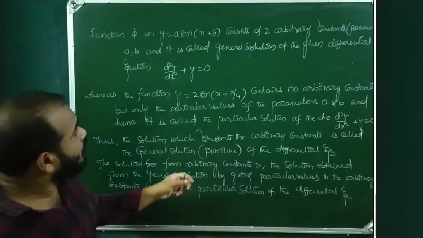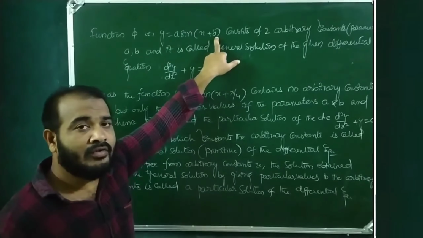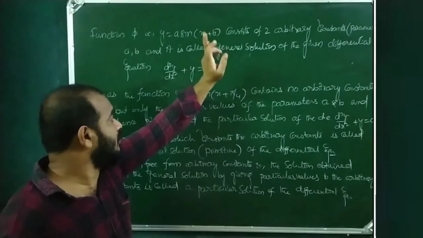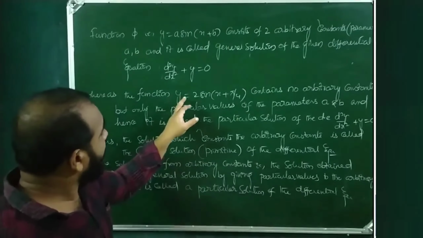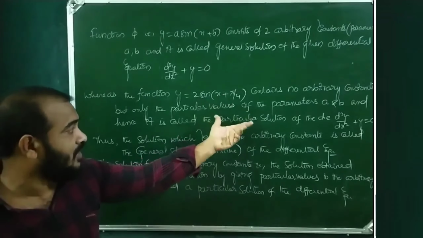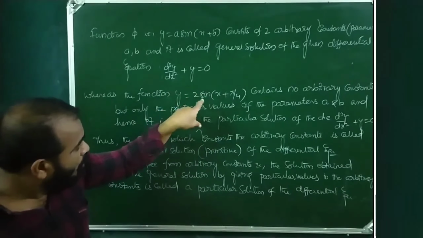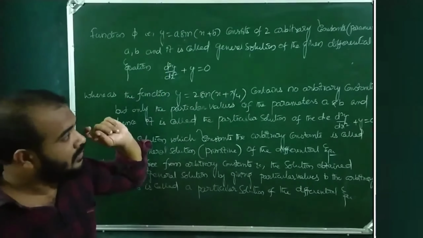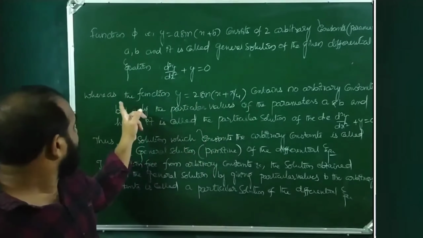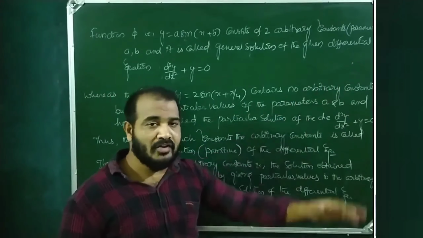Therefore, this is said to be the general solution of the given differential equation. And here a equals 2 and b equals pi by 4 we have substituted. Then y is equal to 2 sin of x plus pi by 4. Again we differentiated and substituted back in this equation, and this also satisfied. So here the function y equals 2 sin of x plus pi by 4 contains no arbitrary constants.